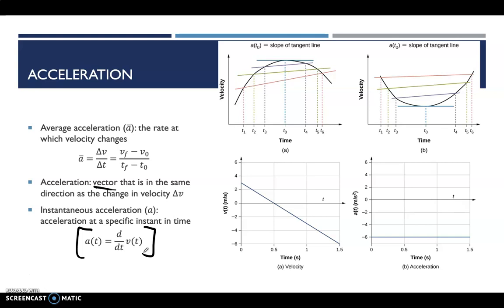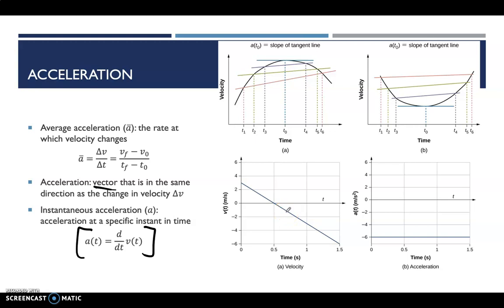You can look over here at these different graphs. These are velocity versus time graphs, just showing you the difference. We can look at these two down below, the relationship between velocity and acceleration.